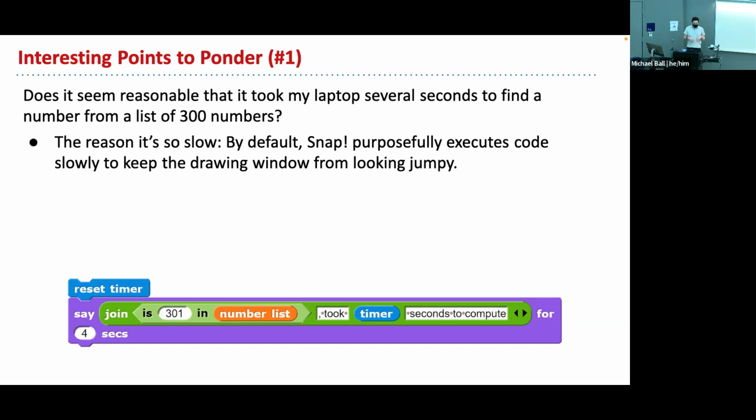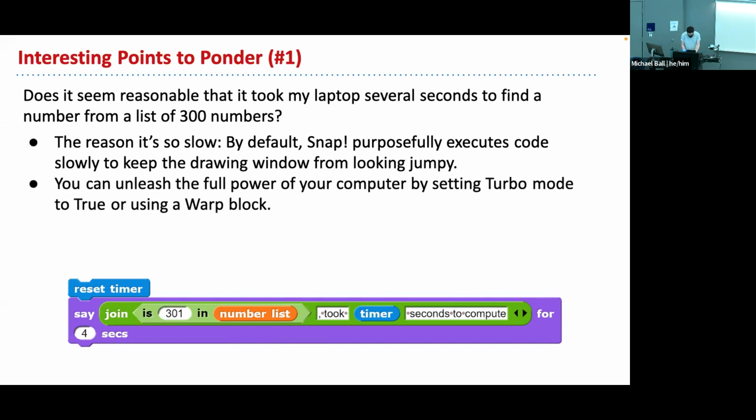It does some of the slowing down to make performance consistent from computer to computer, so that if you were to publish a game on the Snap Cloud, anyone can open that game and they could expect it to work in a similar way.